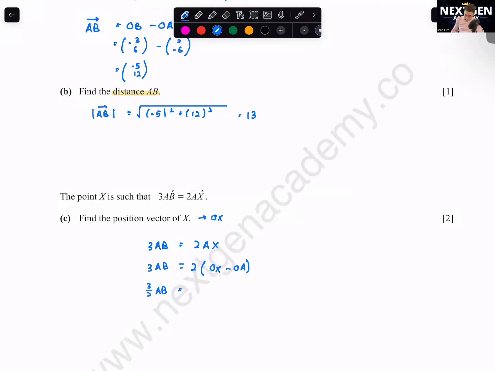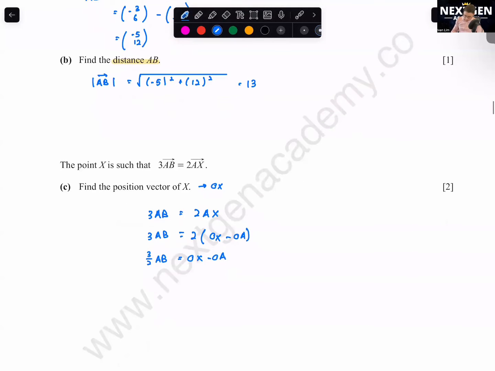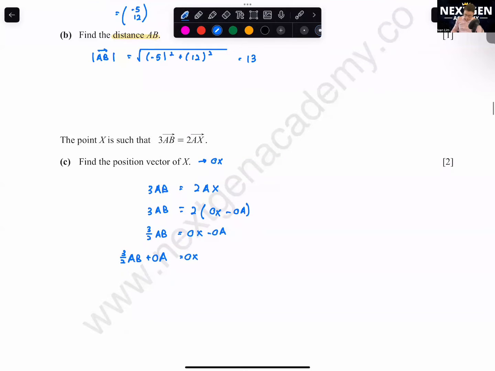3 over 2 AB equals OX minus OA. OX is equal to 3 over 2 AB plus OA. Just rewrite it the other way around. 3 over 2 AB plus OA. Then we just substitute the values inside.